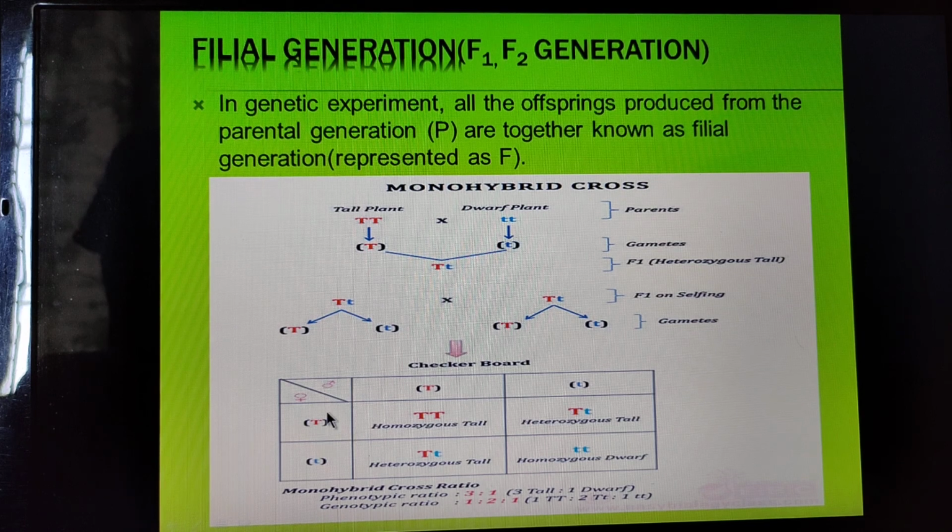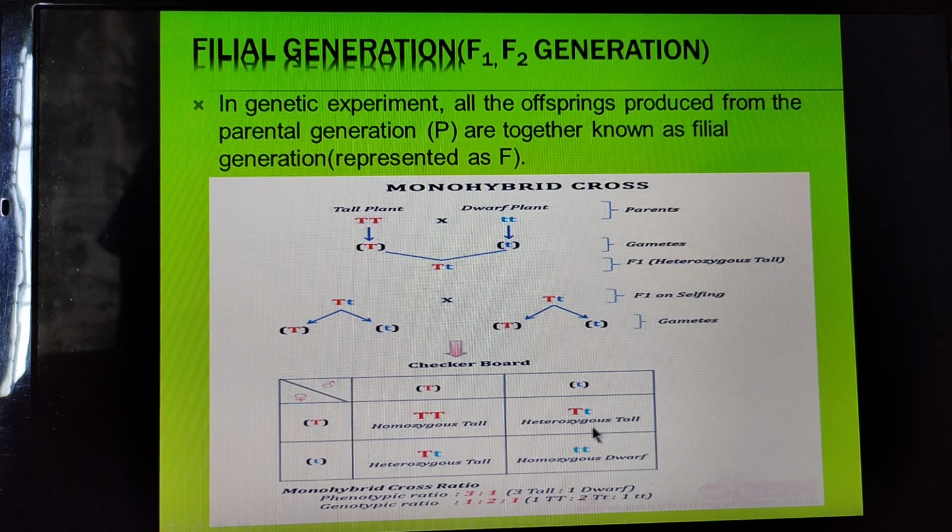Then first, you multiply capital T with capital T, T into T. So what we get is capital T, capital T; capital T, small t; capital T, small t; and small t, small t.